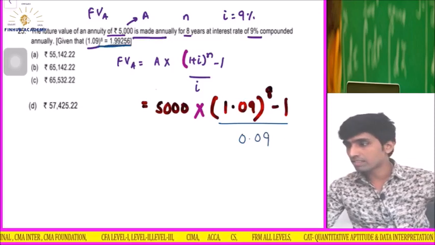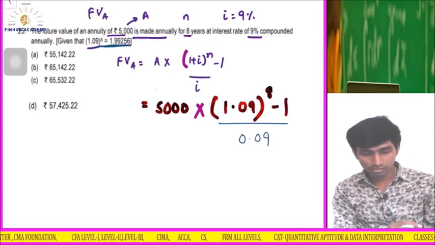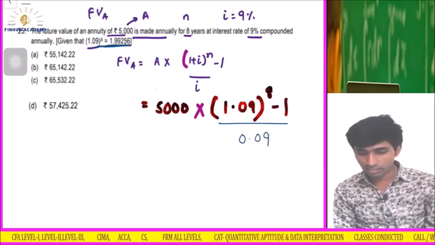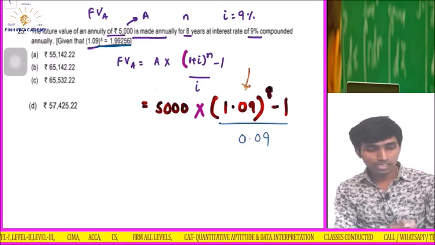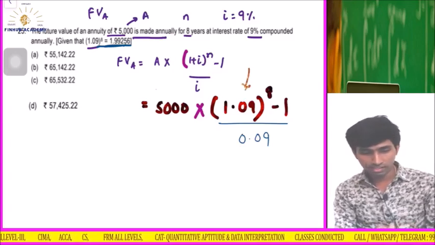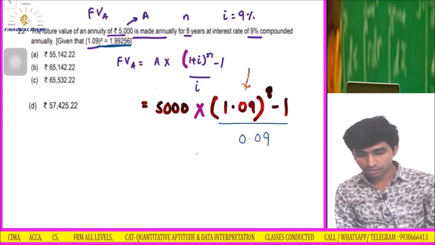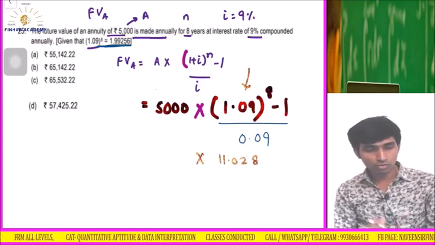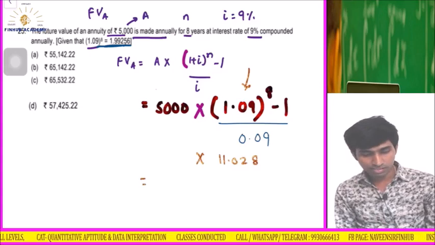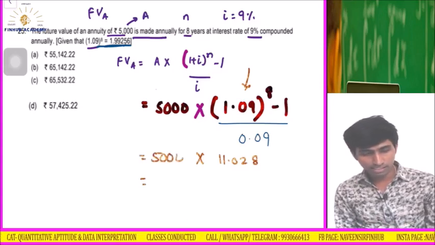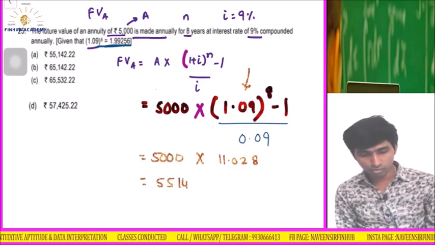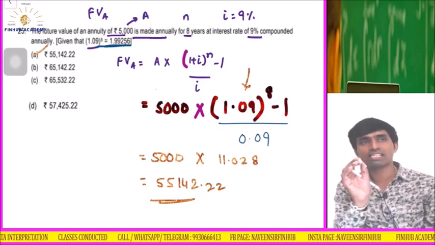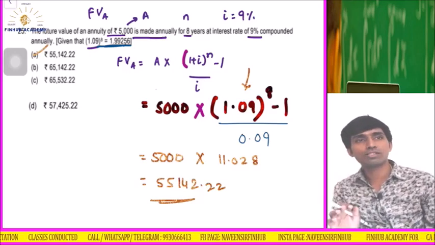Take this as it is, so that the answer matches with the institute. 1.99256, this part I have taken, minus 1, divided by 0.09. Okay, 11.02. Just for the sake of your cross verification, I am writing this into 5000. The final answer is 55142.22. Exact. Whenever the factors are given, your answer will match with the institute. Believe me.